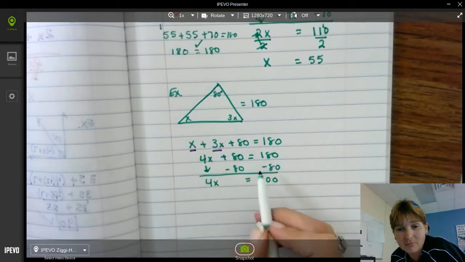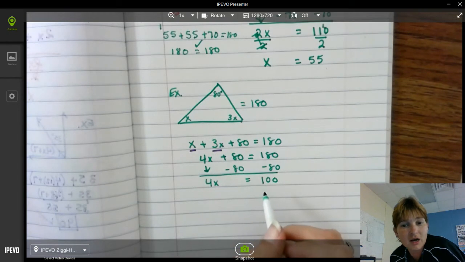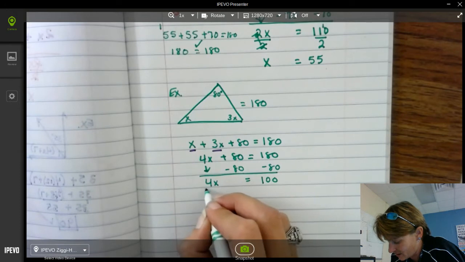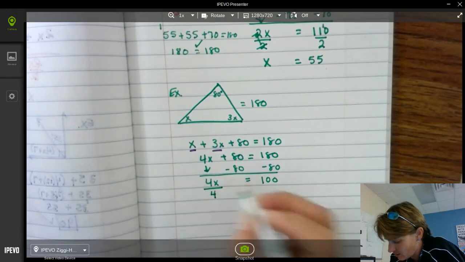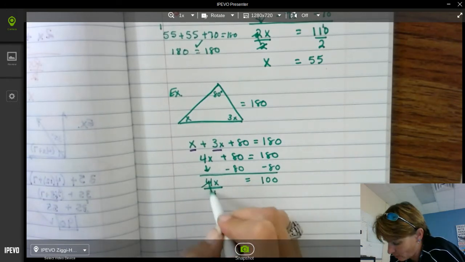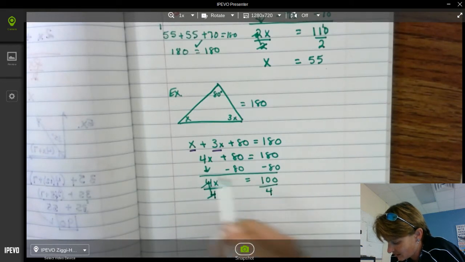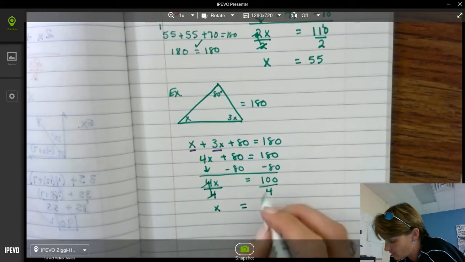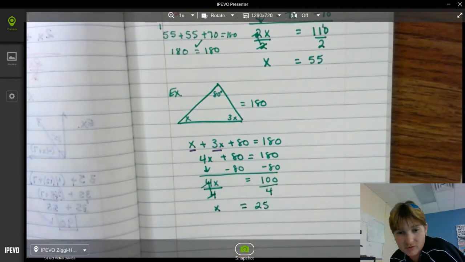Bring down your 4x. And 180 minus 80 is 100. Now 4 times x, because I'm trying to get x by itself, I divide by 4 on both sides. This gives me 1x equals 4 goes into 100 25 times.